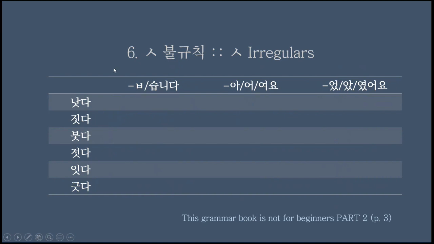Number 6, this is the last category of irregular conjugation, 시옷 irregular. So in these verbs, those stems end with 시옷, isn't it? Okay, shall we start with a regular conjugation with formal, polite ending? 낫다, 낫습니다. Someone gets better or some condition gets better. 짓다, 짓습니다.